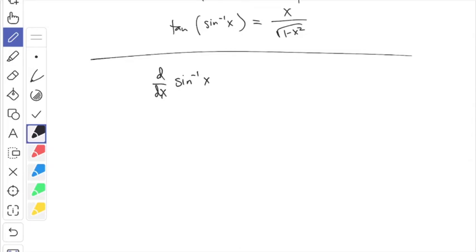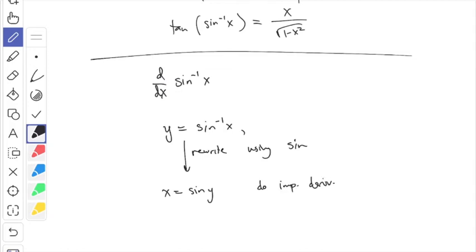So the strategy here is I start with y equals inverse sine of x, and then I want to rewrite using sine instead of inverse sine. So what that looks like is x equals sine of y, right? This is rewriting the other way around, because inverse sine of x is the inverse, at least for part of the function. And then here I'm going to do the implicit derivative.